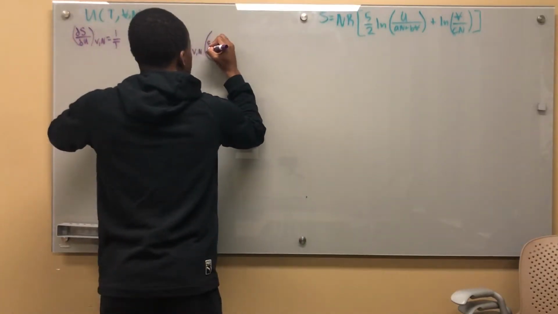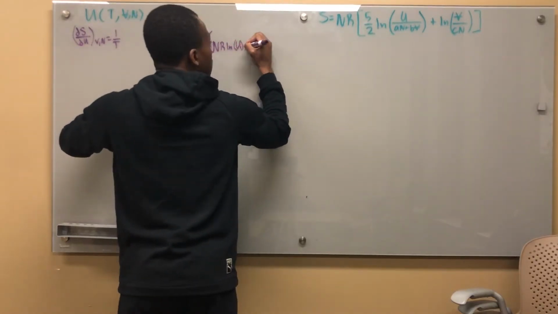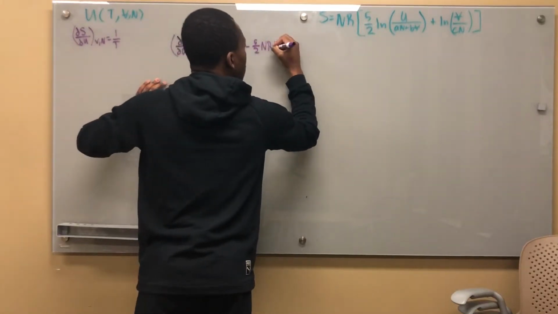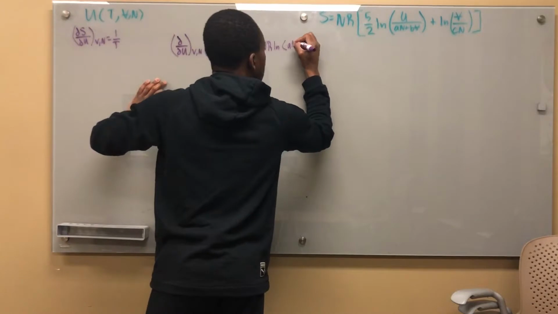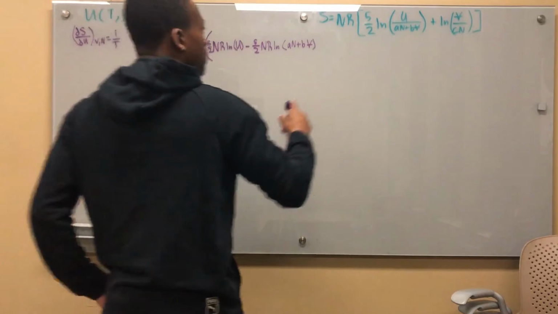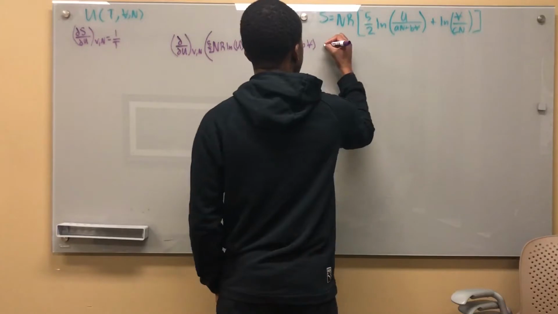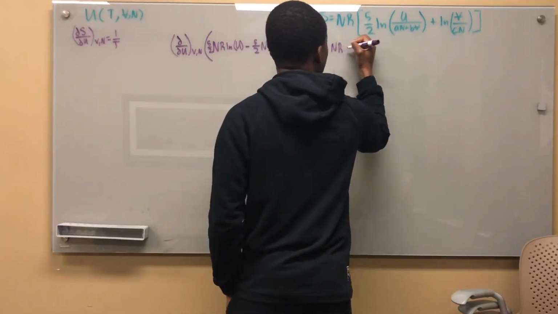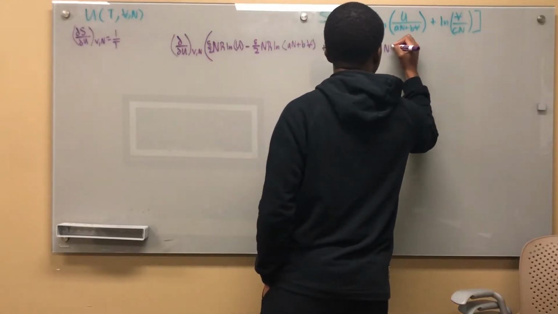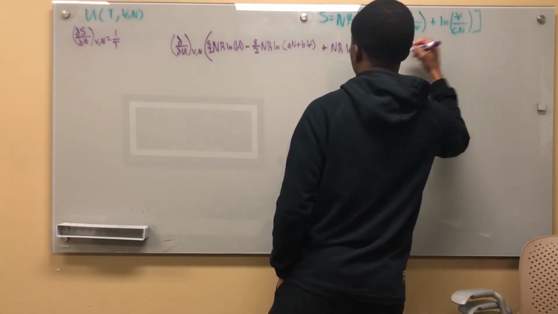So I'm going to say that 5 over 2 NR ln of U minus 5 over 2 NR ln of (aN plus bV), right? This 5 over 2 distributes only to this first term, but NR distributes to this second term. So plus NR ln of V, right, minus NR ln of cN.